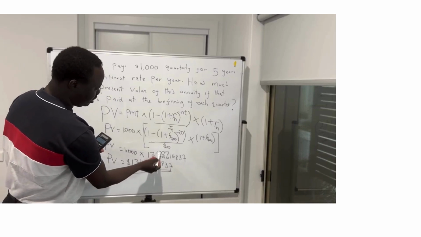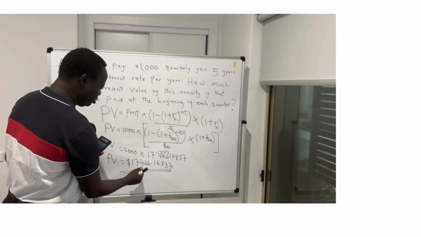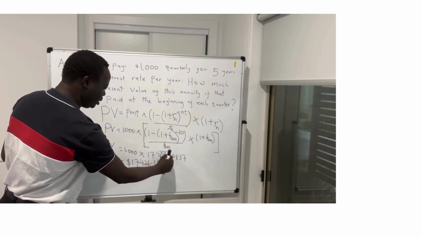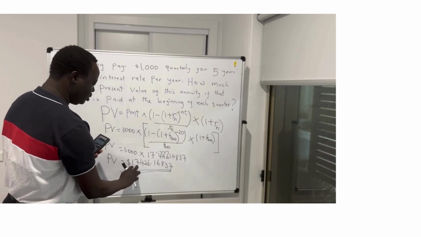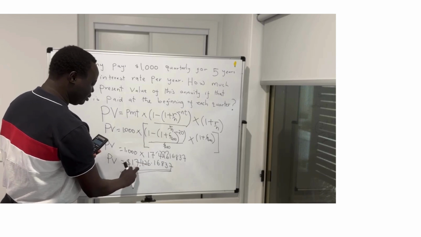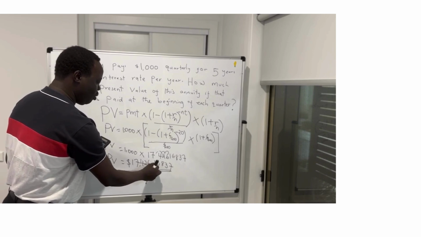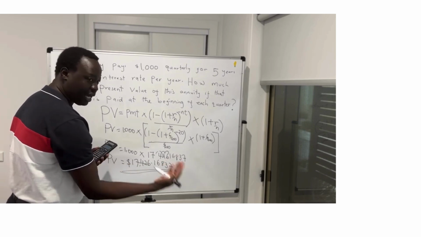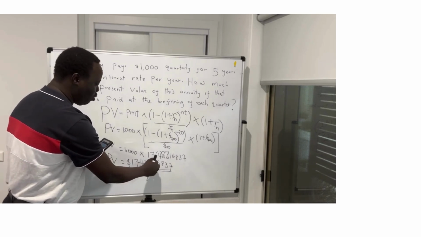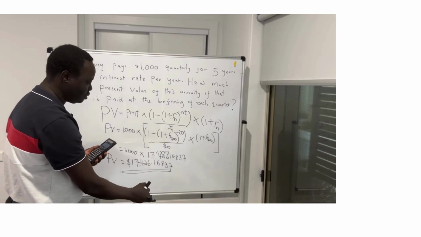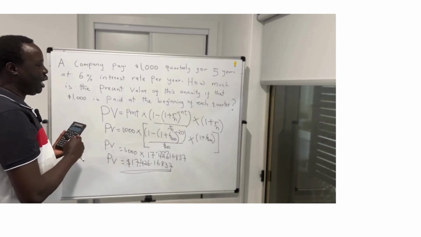You move 1, 2, 3, so you are here. We stop here between 6 and 1. So you have the decimal here, and this will give you 17,426.16837. If you want to round this to 2 decimal places, you can simply round it to 17,426.17. So this is the present value of this annuity due.